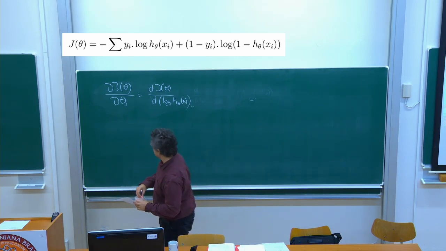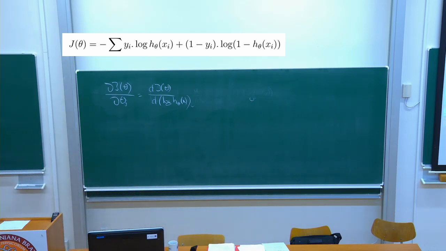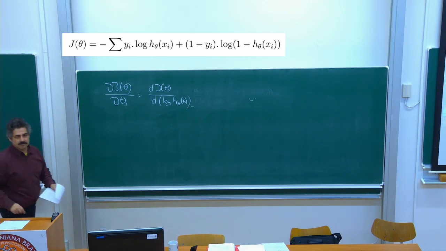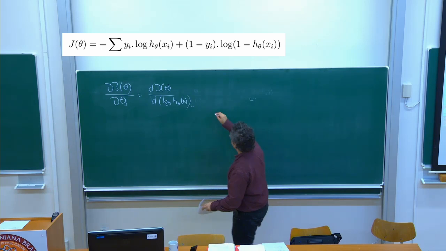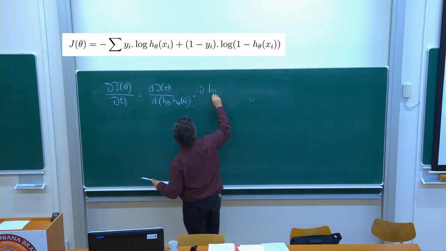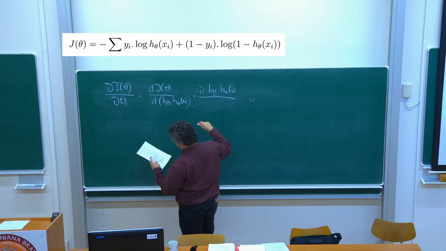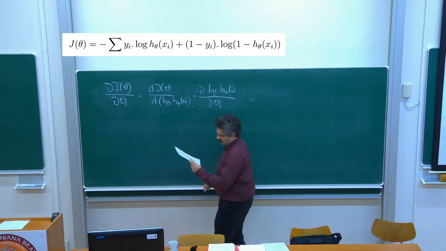Because it appears here and also here, so there will be something related to that. Then we need to multiply it by the derivative of this function with respect to theta_j.